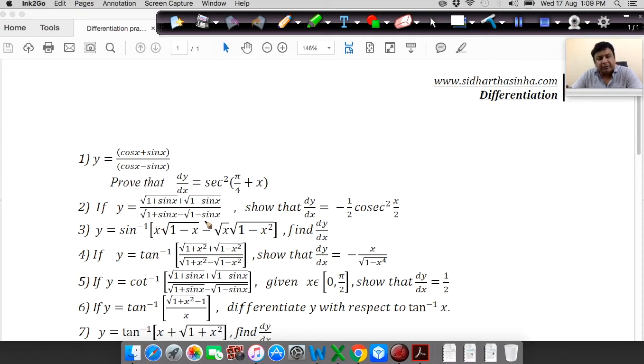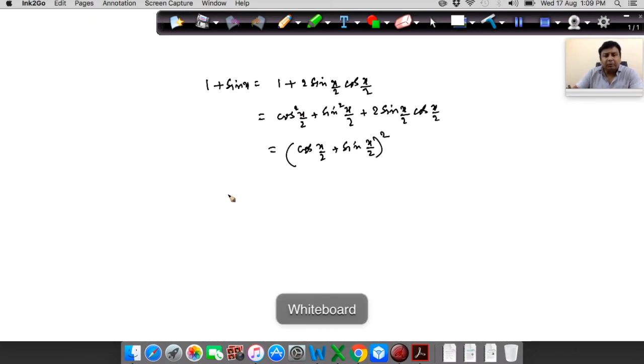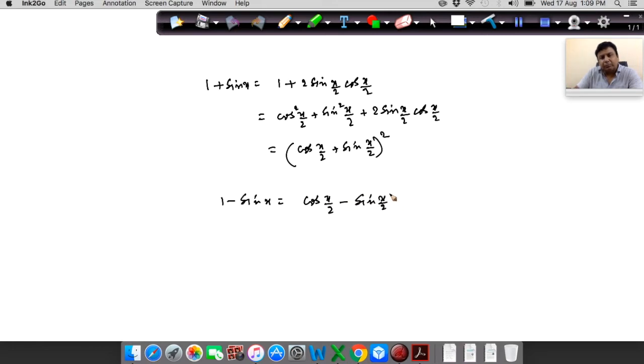Then again same thing, we'll end up getting cot x by 2, and that when differentiated will be minus half cosec square x by 2. So see, it's coming directly. So what we do now, we will replace 1 minus sin x as cos x by 2 minus sin x by 2 whole square.